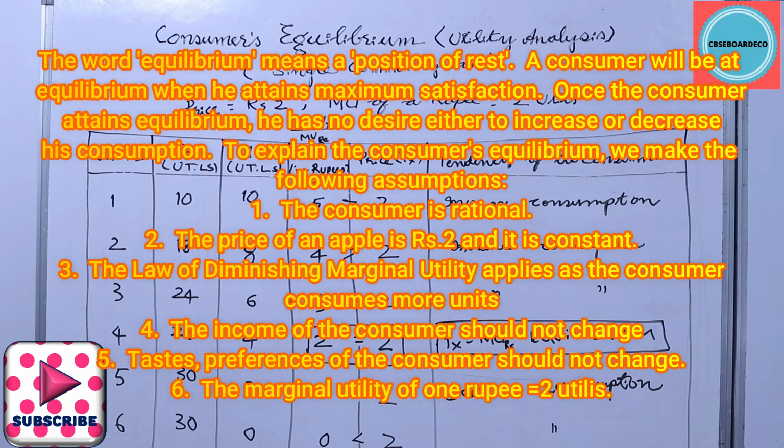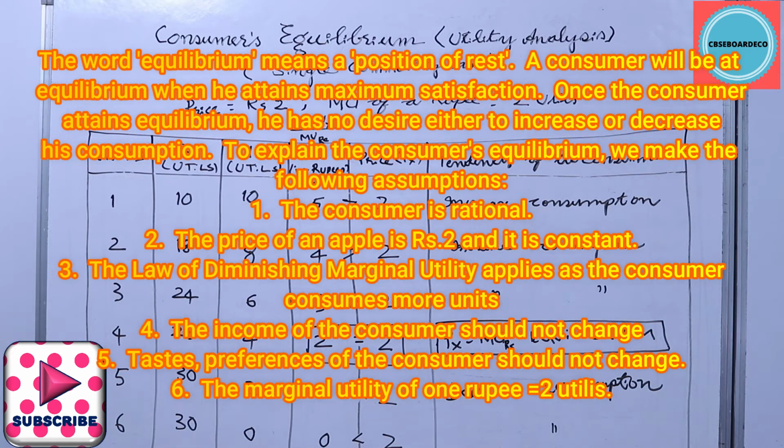Here is the formula: how do you convert utils in terms of rupees? Suppose you purchased a commodity that gave you 10 utils of satisfaction. One rupee is giving you 2 utils, so 10 divided by 2 means you should be willing to pay ₹5 for this commodity. The formula is MUx upon MU of a rupee equals Px, the price of the commodity.